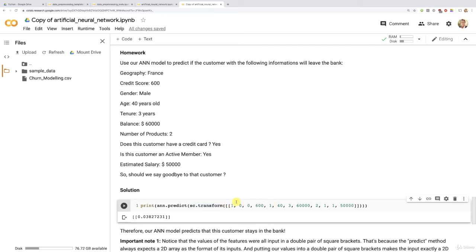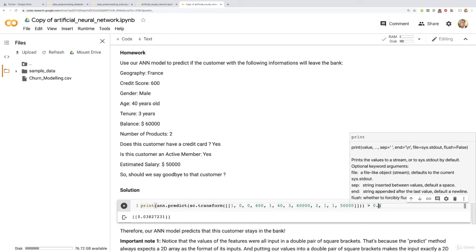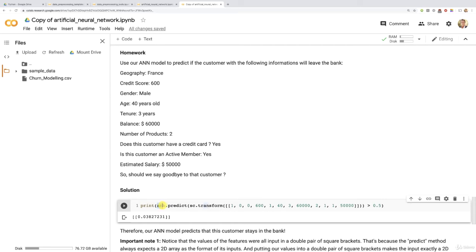And if you don't want the outcome in the form of a probability, the trick to convert this into the final prediction is very easy. You just need to add here, just before the last parenthesis, the larger symbol and then 0.5. Why is that? That's because all this, ann.predict, then sc.transform, then all the information of the customer up to here returns exactly the predicted probability.